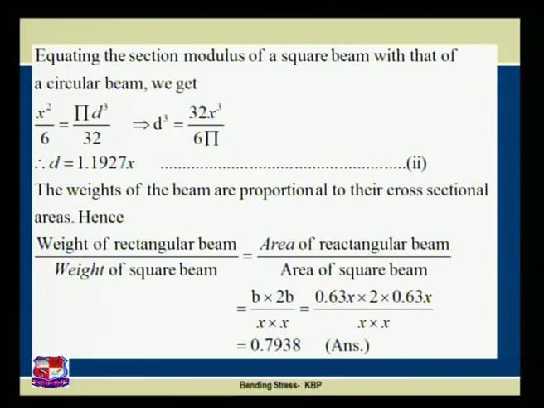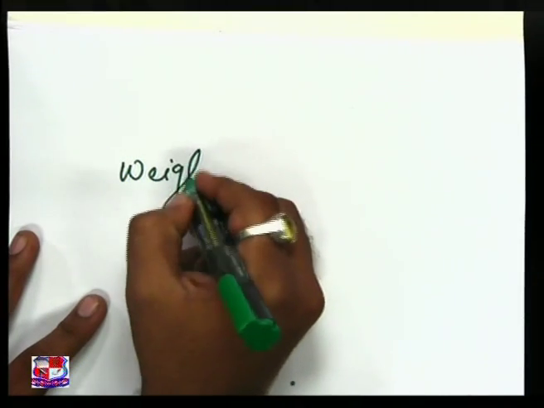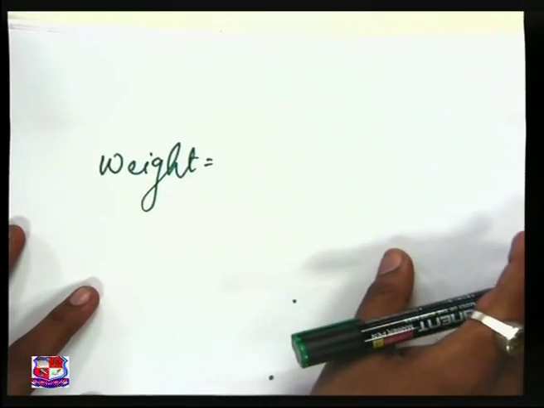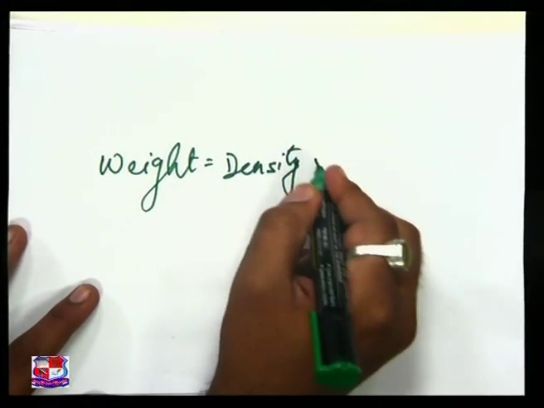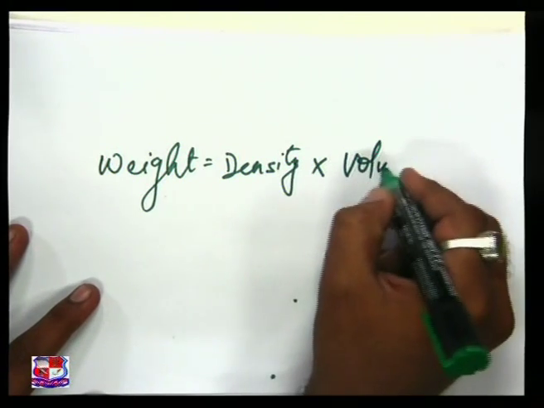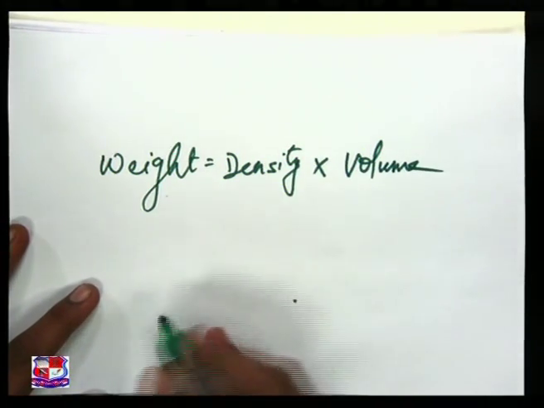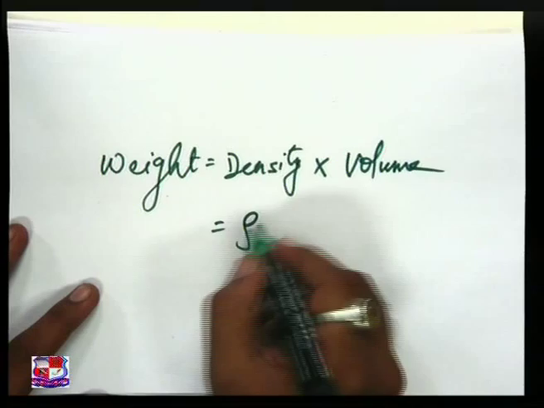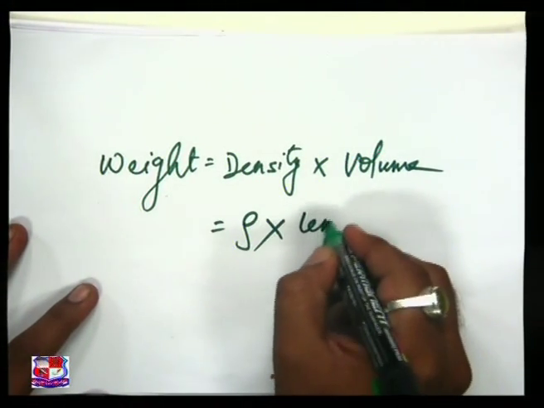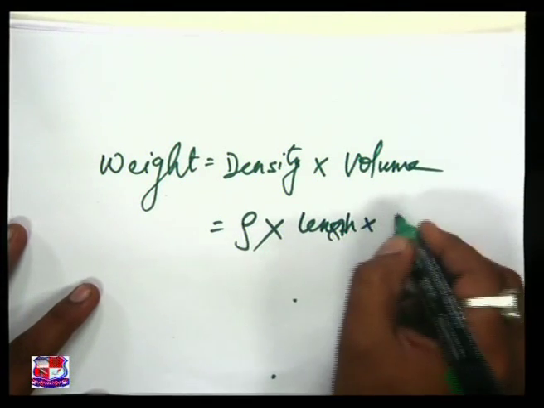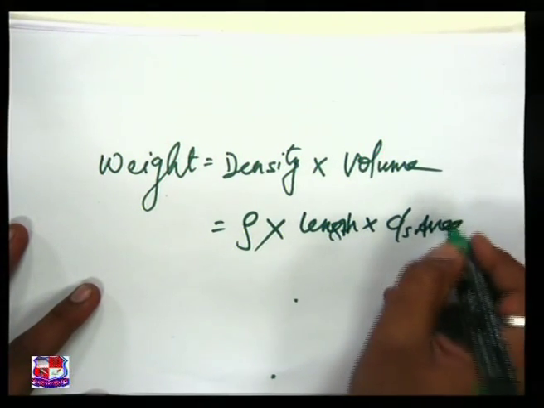Now what do you mean by weight? Weight is nothing but density or unit weight multiplied by volume, that is rho multiplied by volume. Volume is nothing but the length multiplied by cross sectional area.